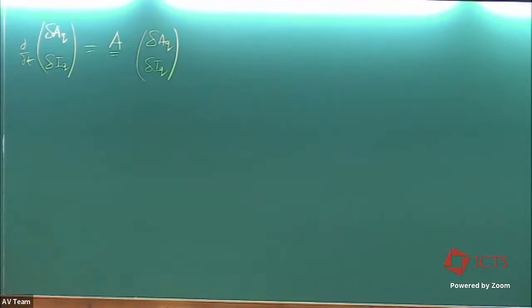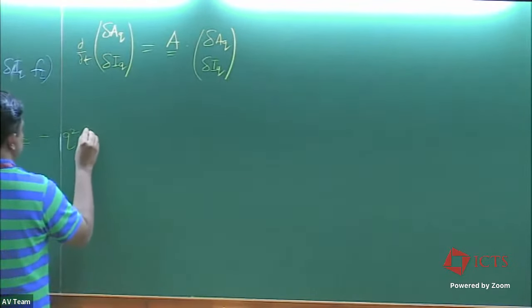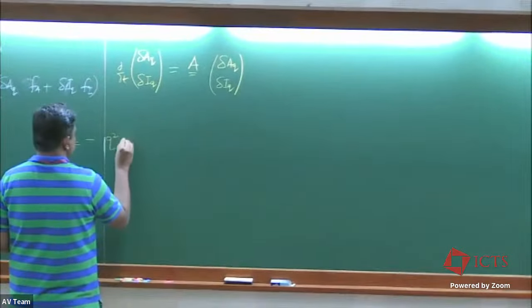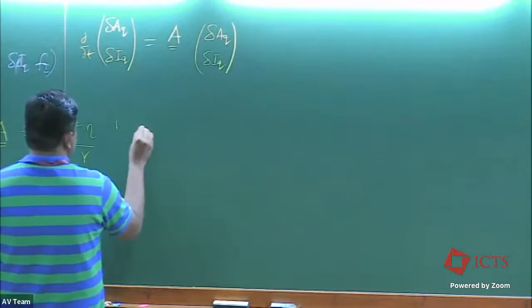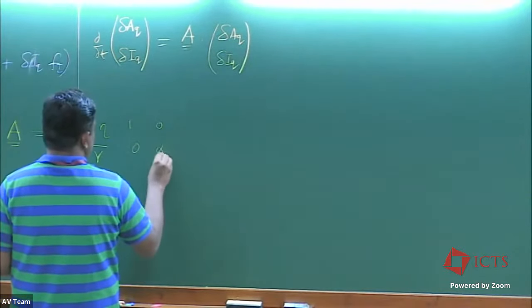So that matrix will turn out to be minus q squared times eta by gamma, 1, 0, 0, alpha.